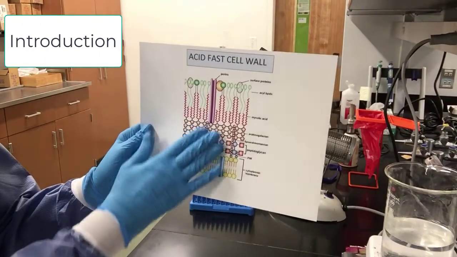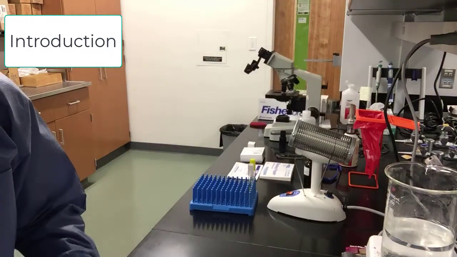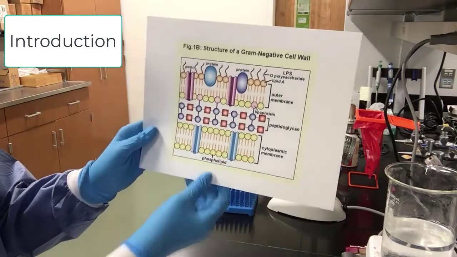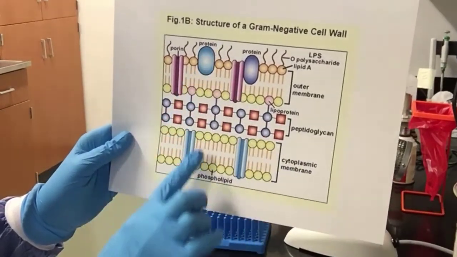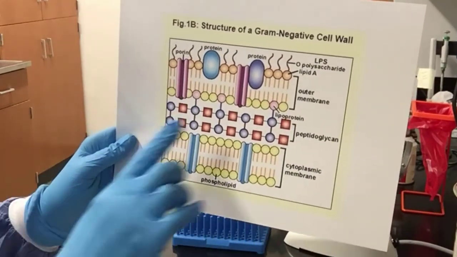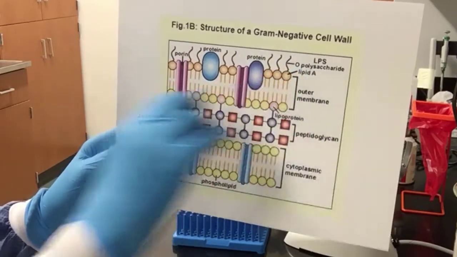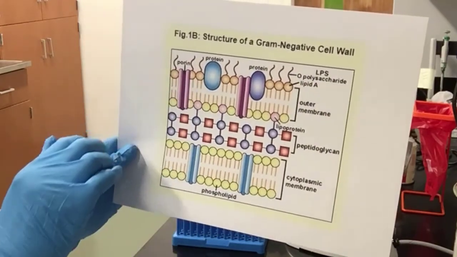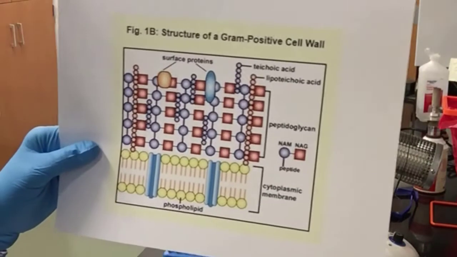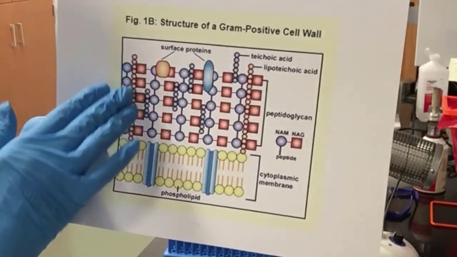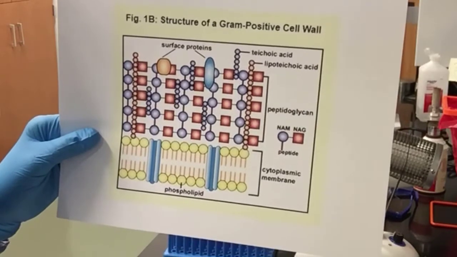Now, if we want to compare the Acid-Fast cell wall to the Gram-negative cell wall, you will see the thin peptidoglycan, the two layers, the outer and the inner membrane, and the lipid A that's embedded in the outer membrane.